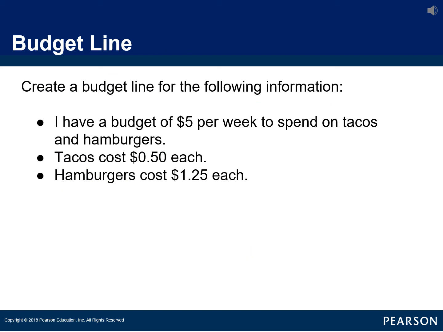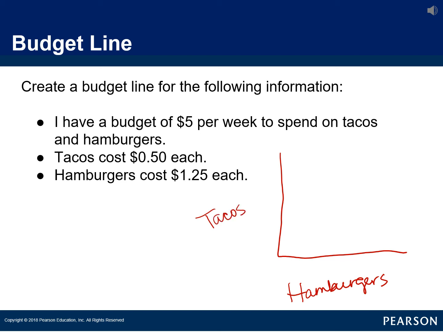So in order to create the budget line, as mentioned, we need that previous information. Here's an example of all of this information, and we're going to try to create a budget line. First thing we do is create the 2 sides of the graph, and I'm going to put hamburgers on one side, tacos on the other side.